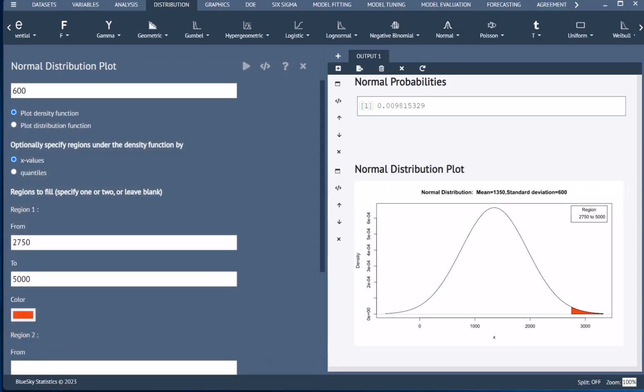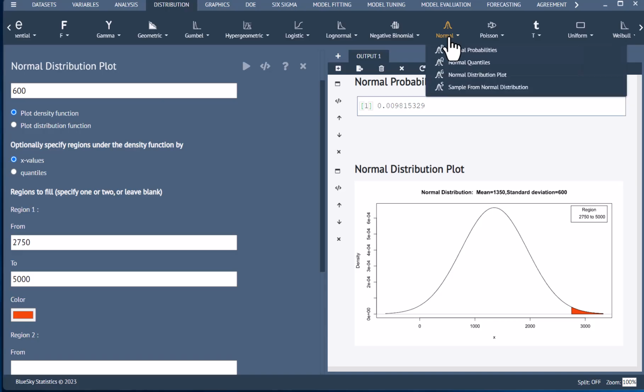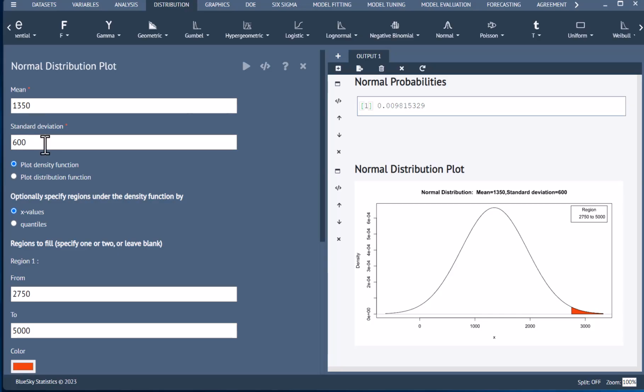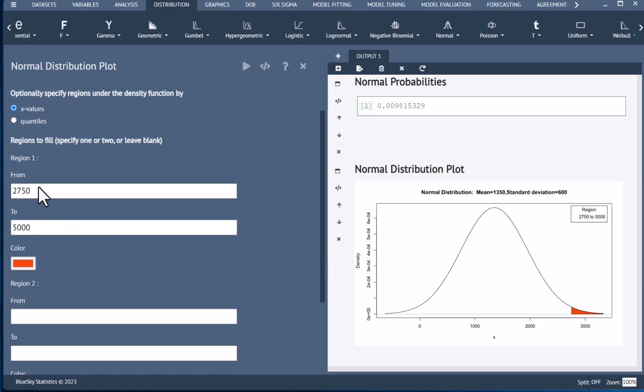It's also helpful to plot this graphically. So if you go to the normal distribution menu, click it, you go to normal distribution plot, click it, enter your mean and standard deviation, and what you want is the density function. And let's look at the numbers above 2,750. What's that look like graphically?